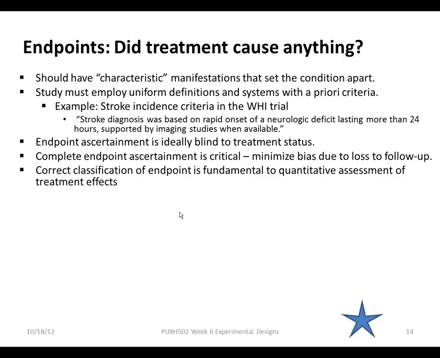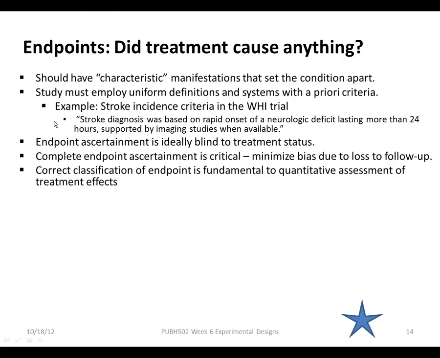And as we've again spoken about for both case control and cohort studies where measurement of exposure and outcomes is important, we want to make sure that the study is using a very consistent definition and very consistent systems with a priori criteria. So the Women's Health Initiative trial that we've talked about, where stroke incidence was an important measurement, has a very precise definition with a time component, with an imaging component, particularly a neurological deficit, that allows a clean, specific, and sensitive measurement of this endpoint of interest.